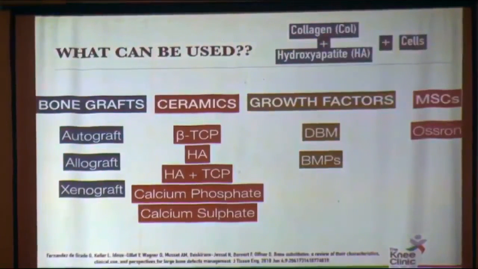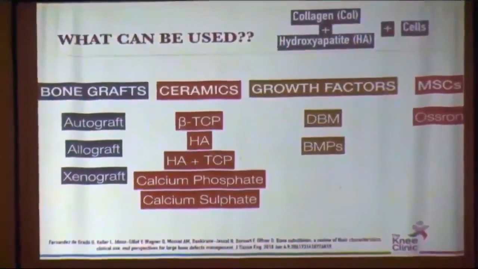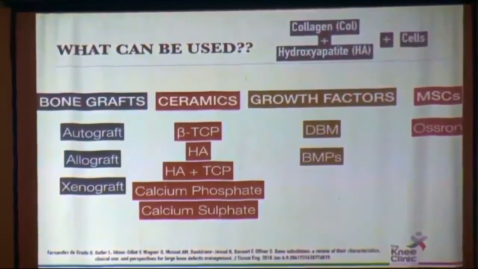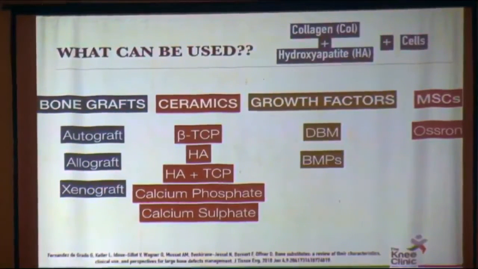Right on top over there is what a normal bone is made of. Organic and inorganic matrix. The organic stuff is collagen, the inorganic stuff is hydroxyapatite, and then there are cells. So what all can be used in place of that original bone? You can use bone grafts, which can be auto, allo, and xeno. You can use ceramics. Ceramics are this group of structures all made of calcium phosphate and then going into further microstructures.